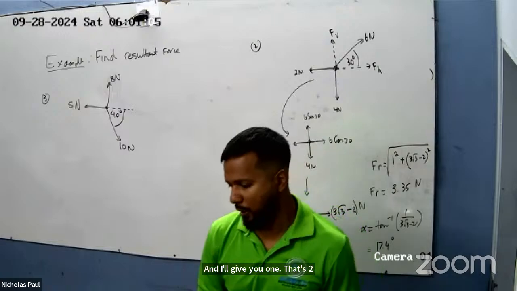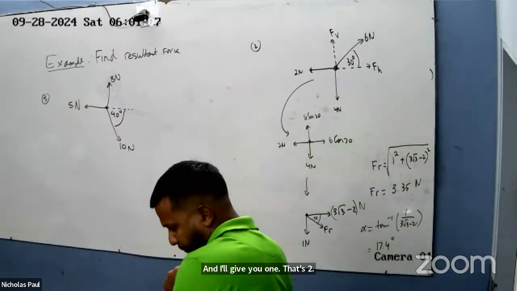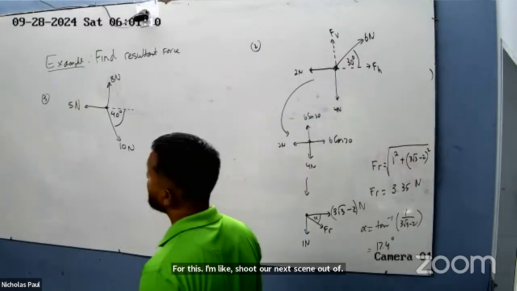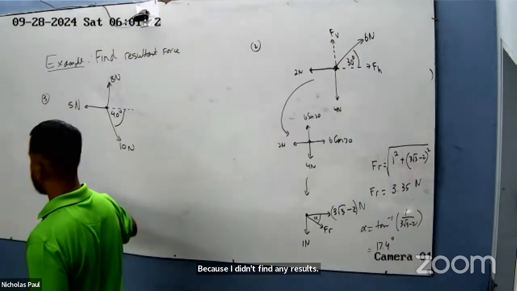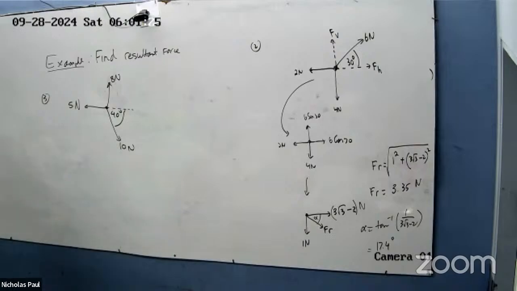For this, I'm going to show you our next scenario. Take your time, find the resultant. At an angle here, 40 degrees. At an angle. So, check. Take this question.